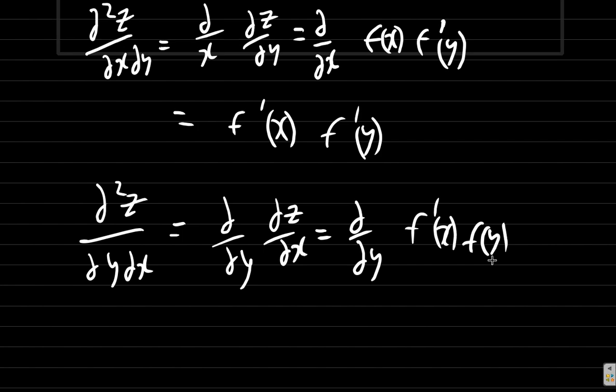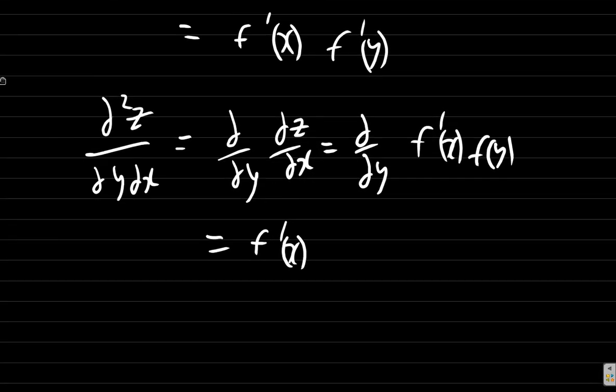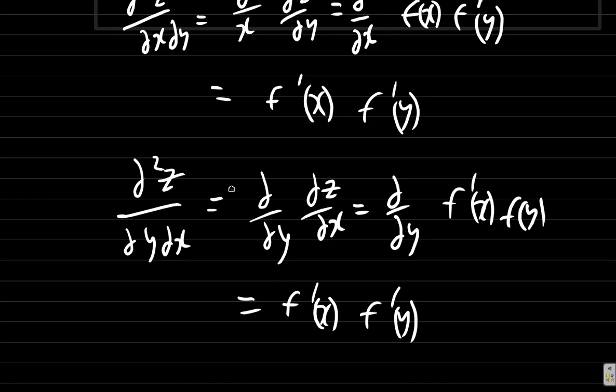Now we differentiate this with respect to y. What happened? We're going to have the f prime x part remain as if it's a number, but you differentiate with respect to y, so you have f prime y. Now notice something.